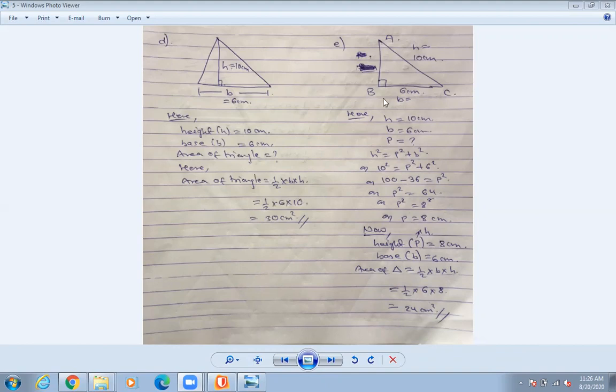Okay, now let us go to this figure. Here h is 10 centimeter. Is it height? Look at question number E. Is this height?